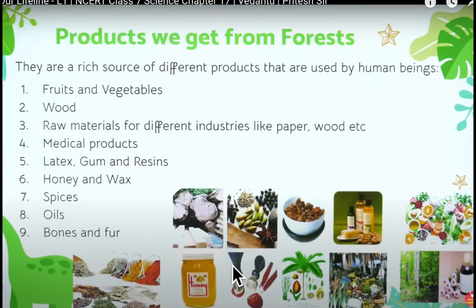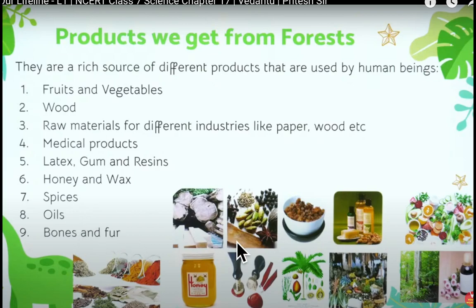You know that the forests are very important for us because we get many things from the forest. They are the rich source of different products that are used by human beings, such as fruits and vegetables, wood, raw material for different industries like paper, wood, etc., medical products, latex, gum, resins, honey, wax, spices, oil, bones, and fur.